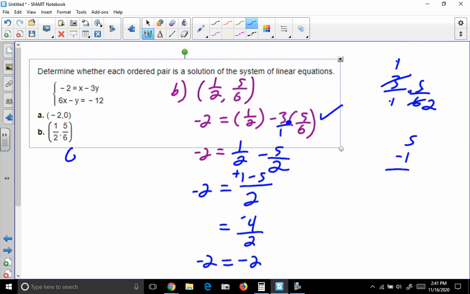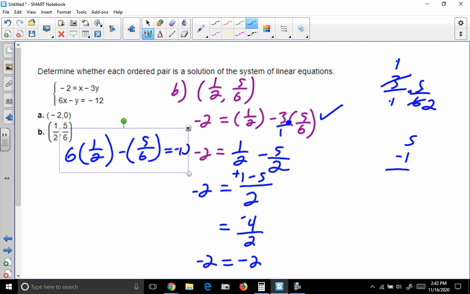So now let's take the second. In place of x, we're going to put 1/2. In place of y, we're going to put 5/6. Here we can make this 6, that's 6 over 1. 2 goes into 2, 2 goes into 6. So we're going to have 3 times 1 over 1.